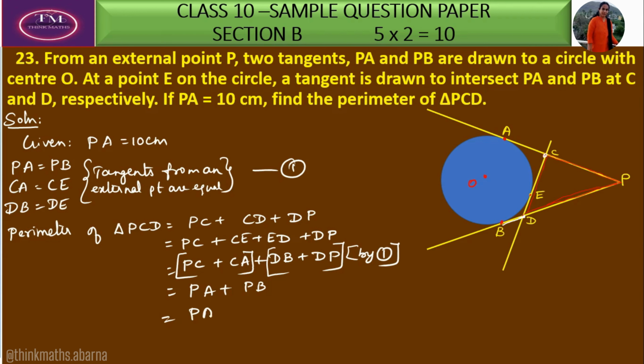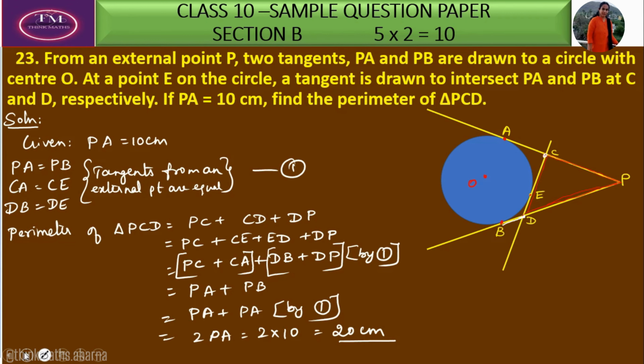So PA and PB are equal. So instead of PB we can write PA. So PA plus PA is 2PA. PA is given as 10 centimeters. So 2 into 10 equals 20 centimeters. So the perimeter of triangle PCD is nothing but 20 centimeters. So this is very simple.